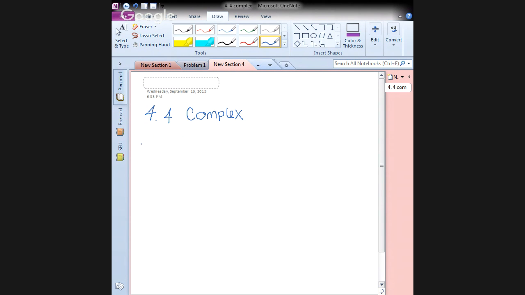And so we're going to go ahead and simplify (2 minus 4i) over (1 plus 3i). So this is a division one, and we're going to be simplifying it. So let me write that up here. Simplify.